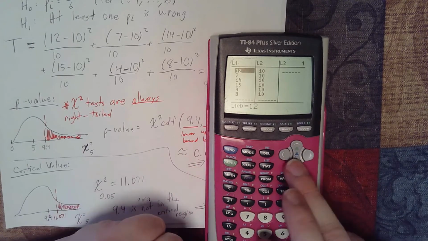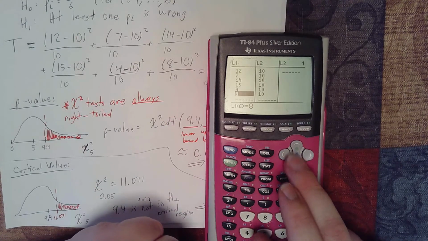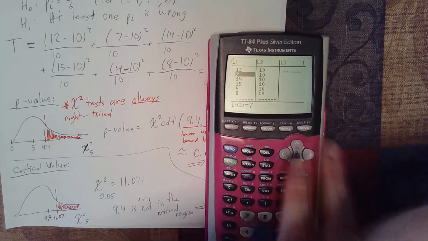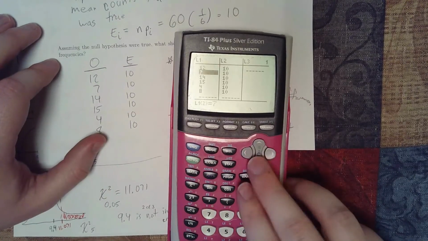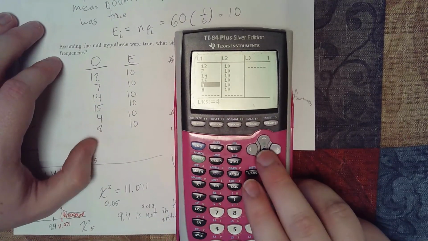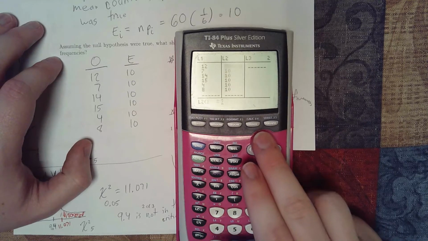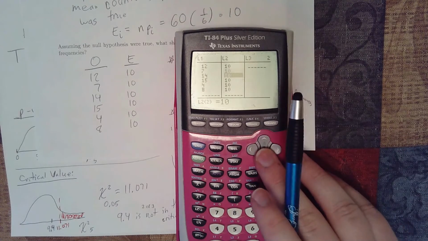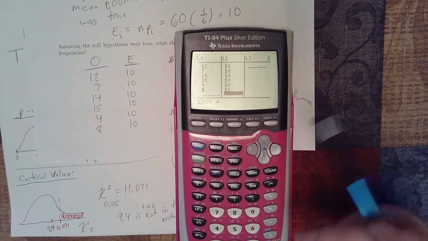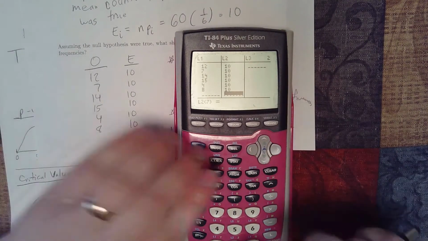The first list will be our O, our observed values. So let me pull those up again for a second. We should have 12, 7, 14, 15, 4, and 8. And then in our second list, L2, we're going to have each of these expected values. In this case, they all happen to be 10.